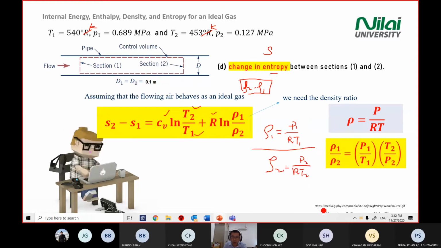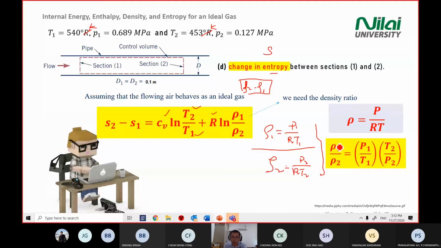You divide these two, and you will get the mathematical form P1 divided by T1 times T2 divided by P2. It's a mathematical form from this equation. Rho 1 divided by rho 2, by using the equation of state, we can write as P1 divided by T1 and T2 divided by P2.